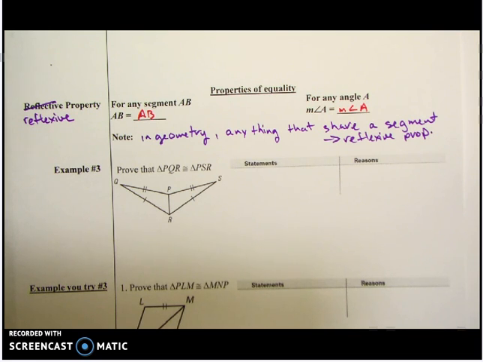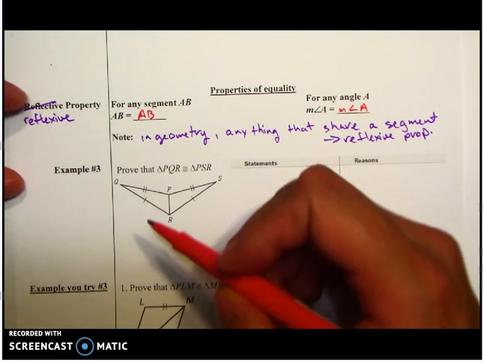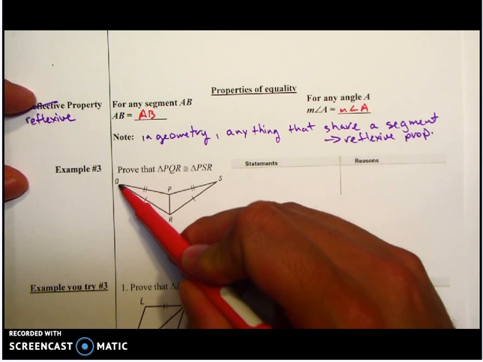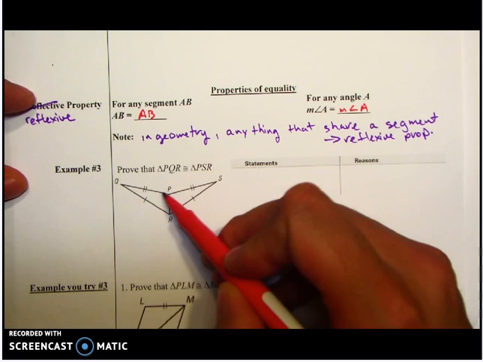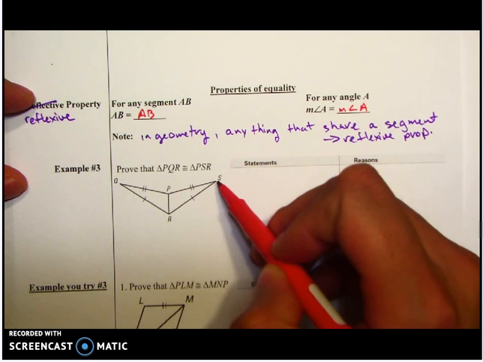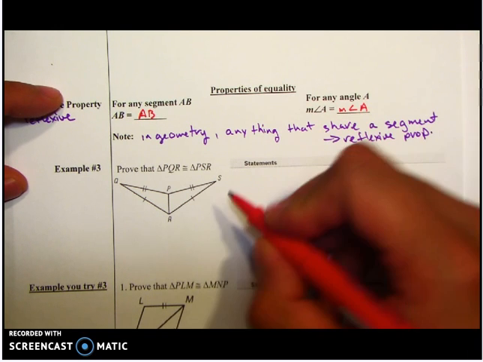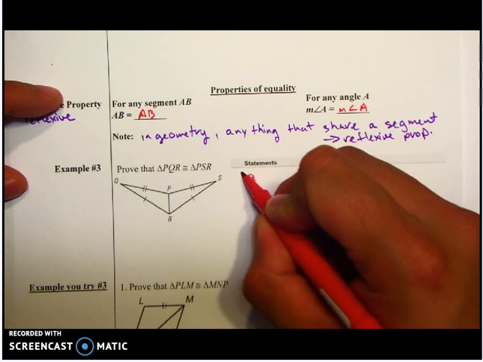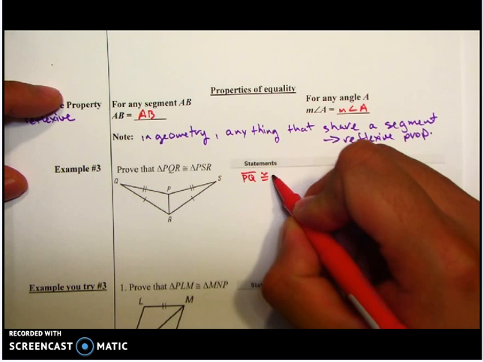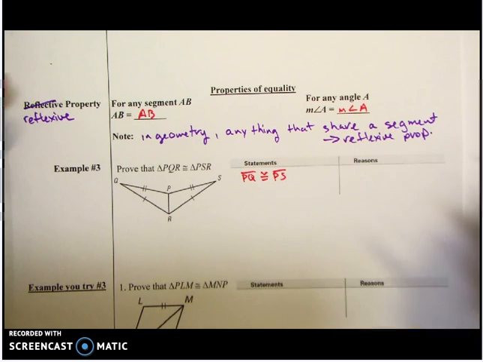So if we look at example 3, they want you to prove that triangle PQR is congruent to triangle PSR. If we look at the information, right away we can tell that this QP, or PQ, here is the same as PS here. Let's go ahead and write that. PQ is congruent to PS. What's the reason?